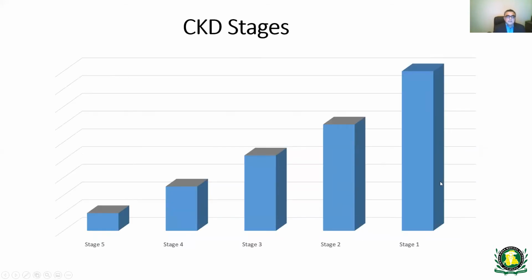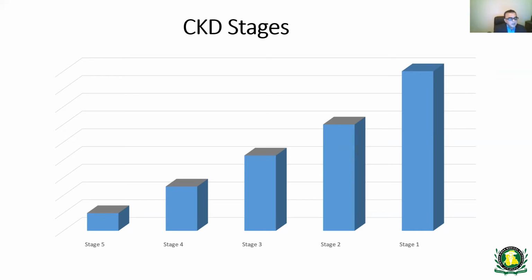There are five stages of kidney disease. Stage one has a normal estimated GFR with some evidence of kidney damage reflected by microalbuminuria, hematuria, or histological changes. Stage two is mild kidney disease with GFR between 60 to 89 ml per minute per 1.73 meters square. Stage three is moderate kidney disease with GFR between 30 to 59.